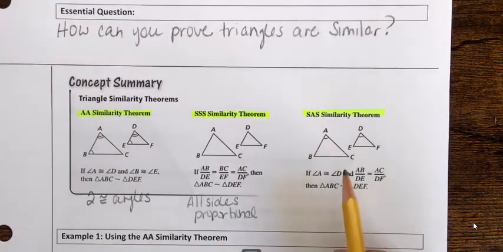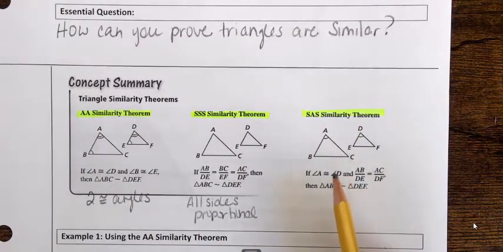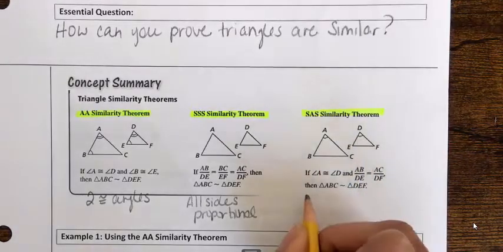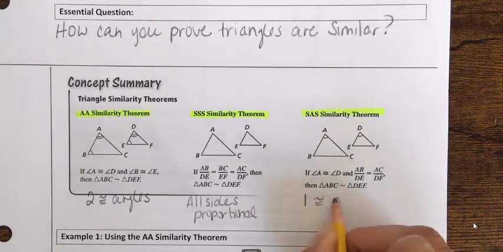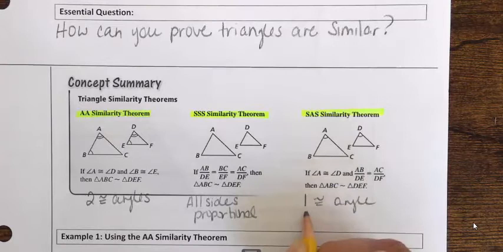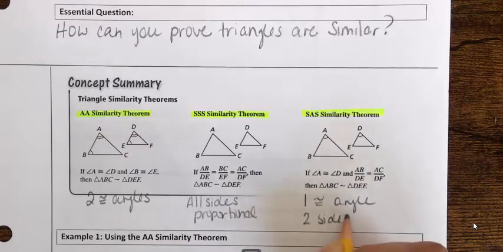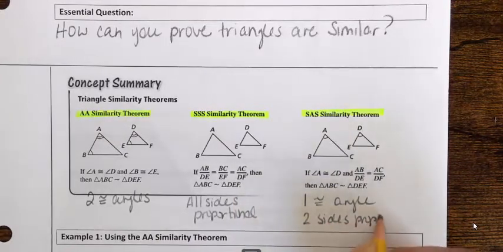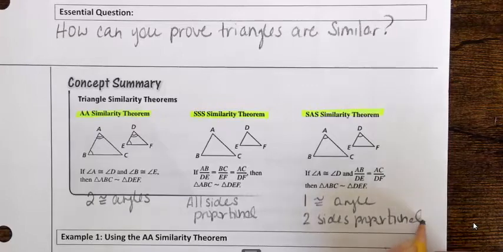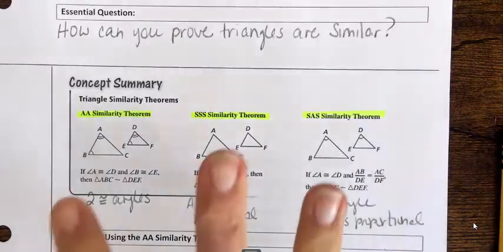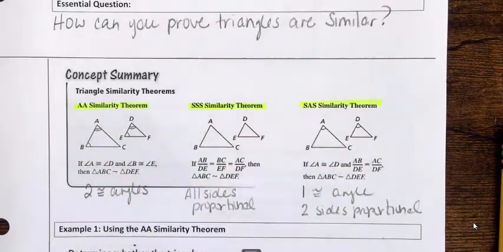And here you need 2 sides proportional and a congruent angle. So 1 congruent angle, 2 sides proportional. So let's use these to do our examples.